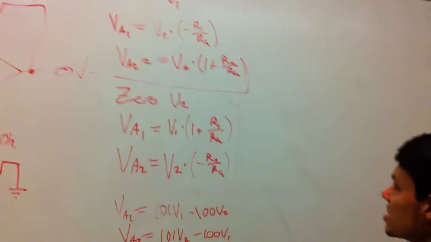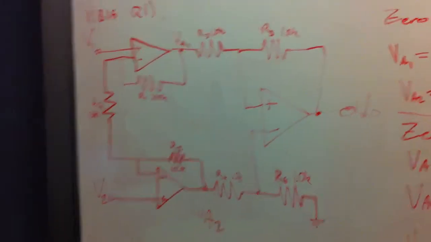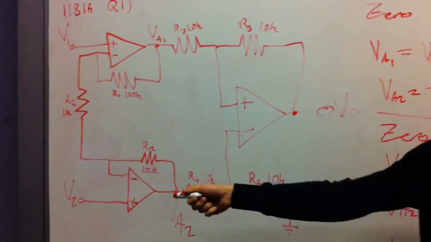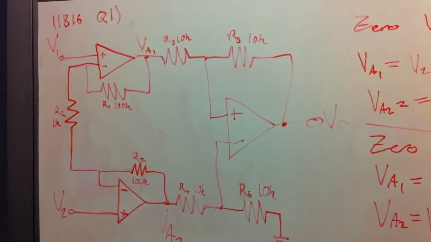The second part of the question is asking you to find the total gain of the whole circuit, so the gain in terms of V1 and V2 and V out.